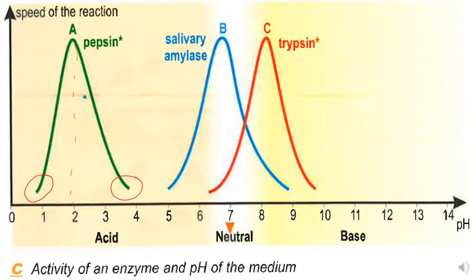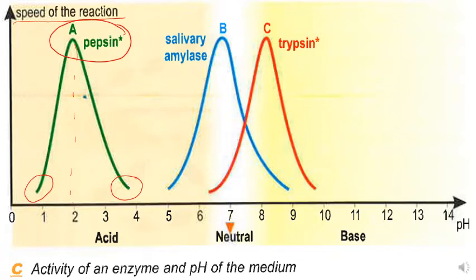This means that as the pH increases, the speed of the reaction increases, but only up to a certain limit, a specific value, which for the pepsin is 2.